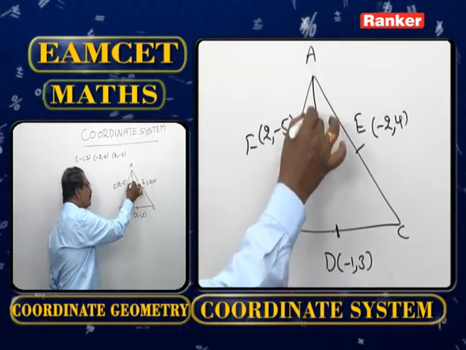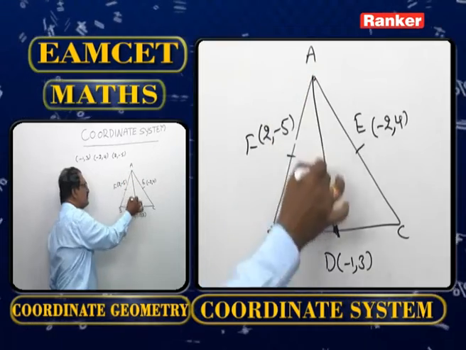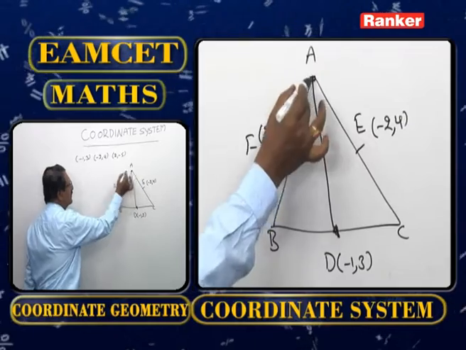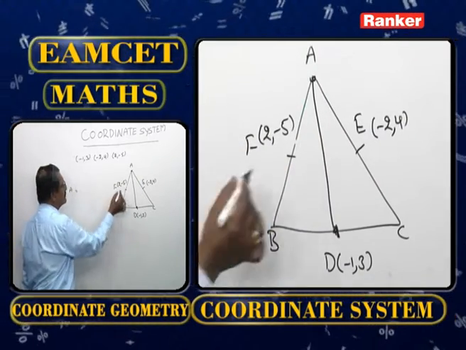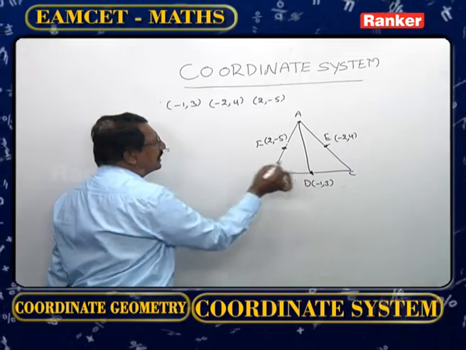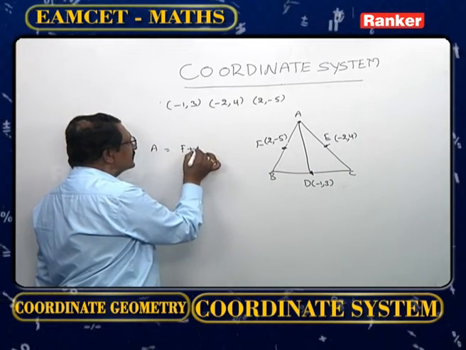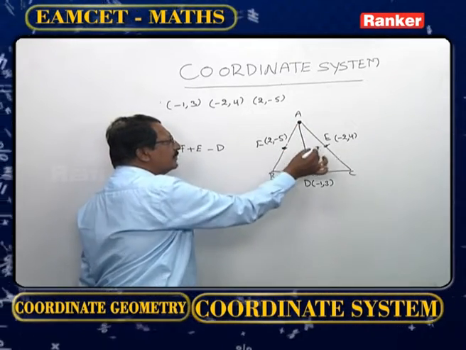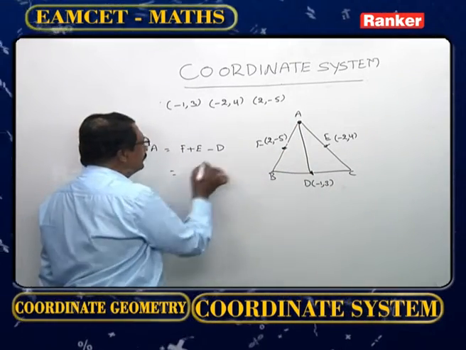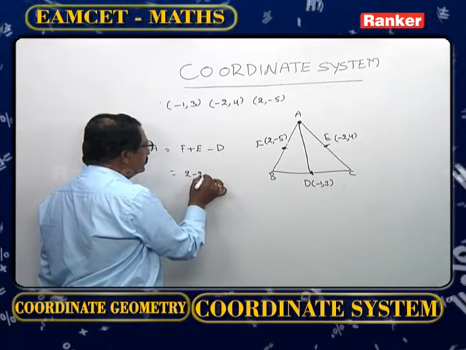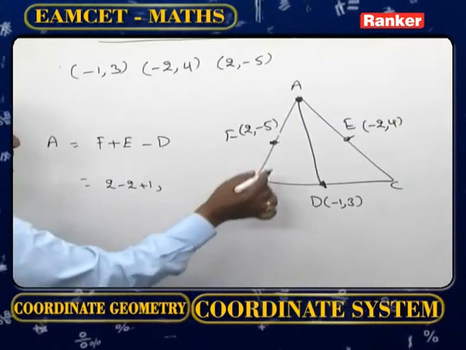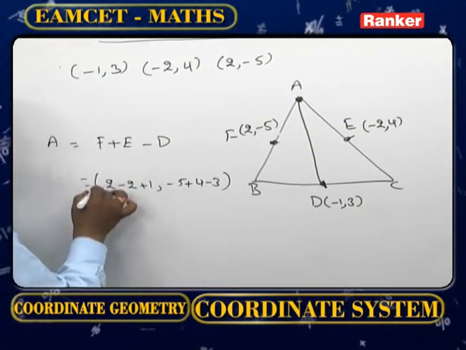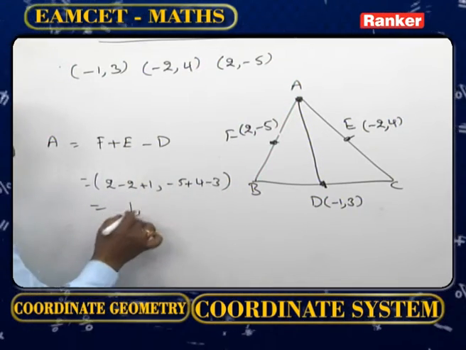The length of the median through vertex A means the distance between A and D. Now we require the coordinates of the point A. The coordinates of the point A equal the sum of adjacent midpoints minus the opposite midpoint, which is F plus E minus D. So A equals (2 - 2 + 1, -5 + 4 - 3), which equals (1, -4).